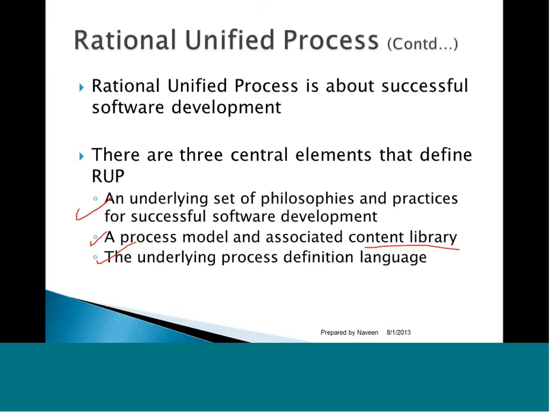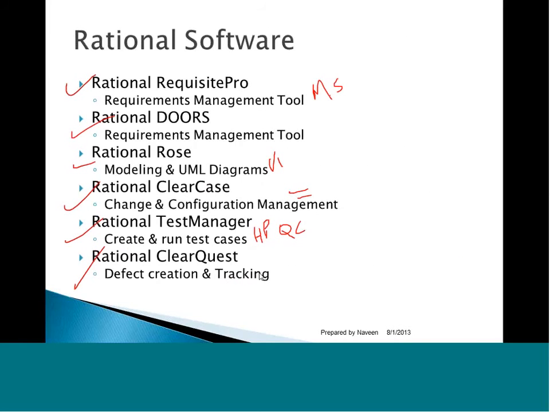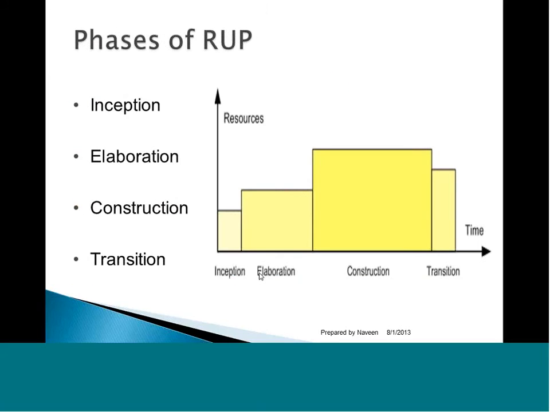Because of that feature also, RUP was very popular. That's where your UML diagrams came up. That's how the concept of UML evolved, Unified Modeling Language. We will take a look at it after we are done with RUP.